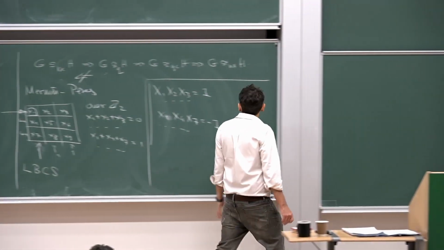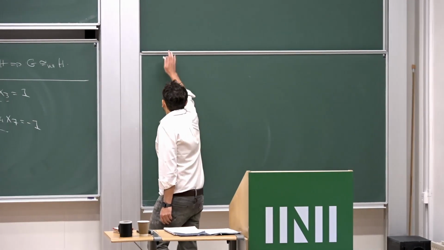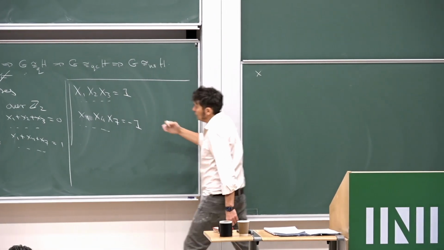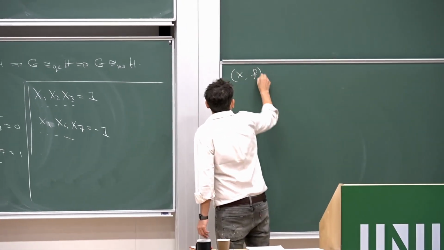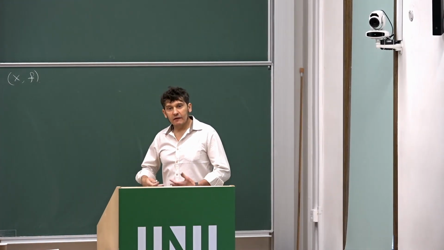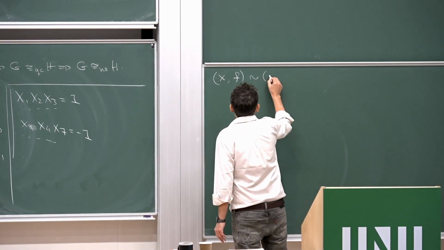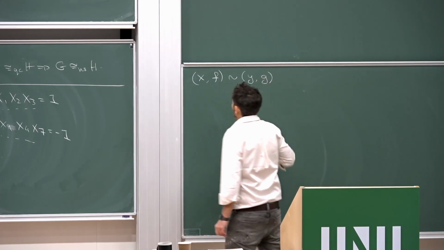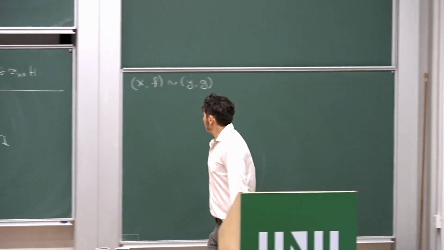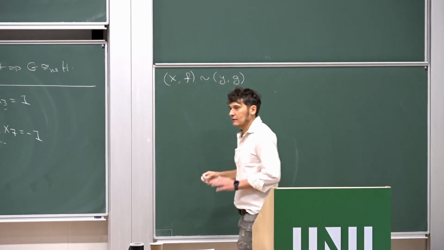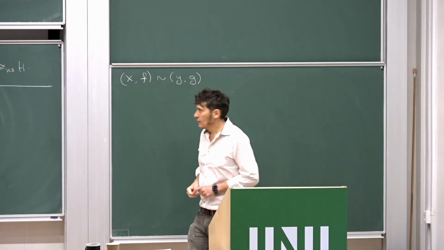So given 2 assignments in an LBCS game, if you're given a question X, which is just one of the equations here, and an assignment, such tuples will be the vertices of my graph. And 2 of those will be adjacent in the graph associated with the LBCS game, by definition, if these 2 assignments disagree on some element in the intersection of the variables participating in these 2 equations.